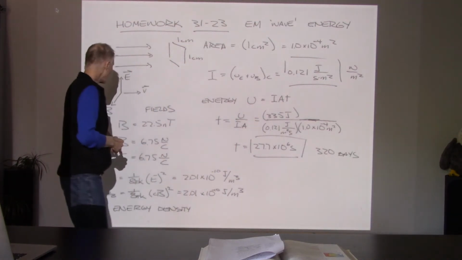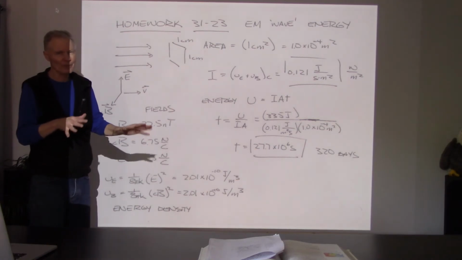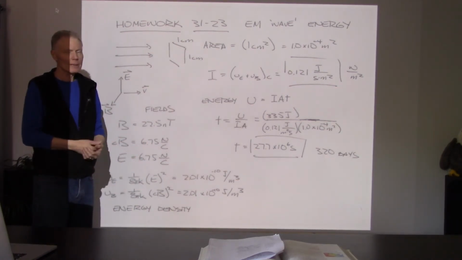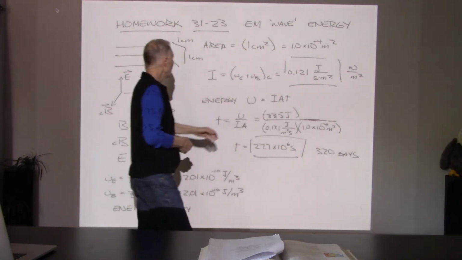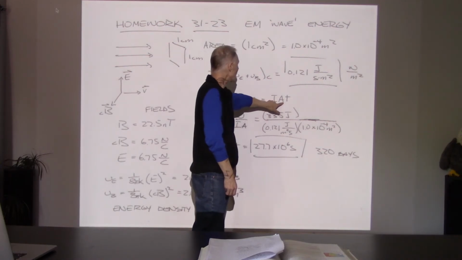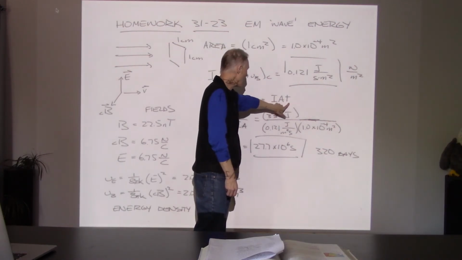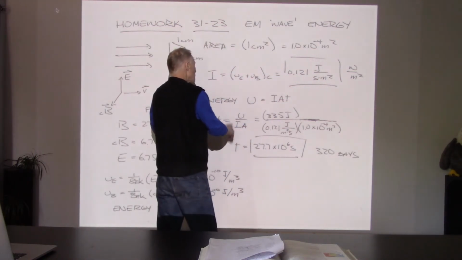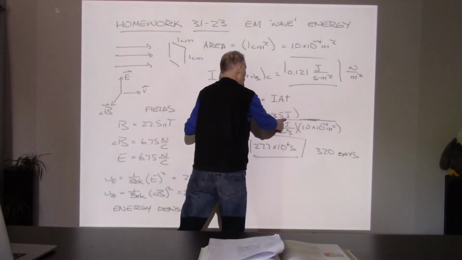The E's here are electric field, which I hope you guys are assimilated with now. So U is equal to the intensity times the area times the time. That's kind of doing intensity in reverse. So the energy that they wanted was 335 joules.